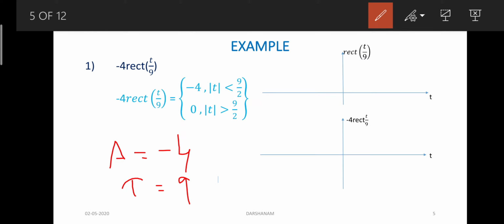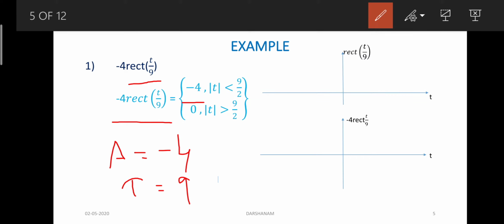First let's do rect(t/9), then we will scale the signal by minus 4. So minus 4 rect(t/9) is equal to minus 4 for |t| less than 9/2 and 0 for |t| greater than 9/2.